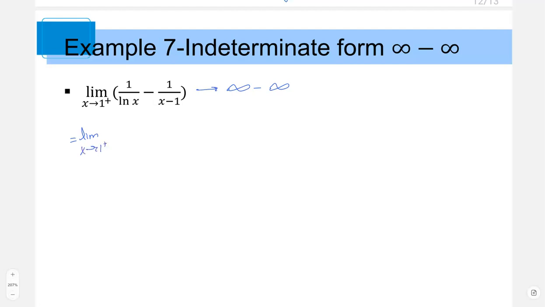So I'm going to multiply this fraction by x minus 1 over x minus 1. And I'm going to multiply this one by ln of x over ln of x. So I'm going to have 1 times x minus 1 minus 1 times ln of x all over ln of x times x minus 1.